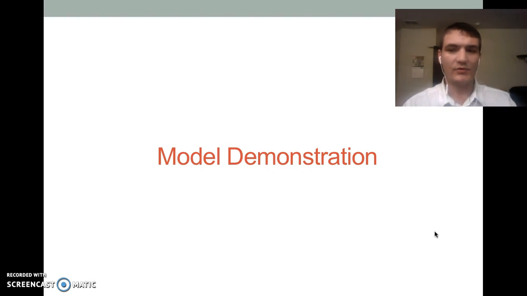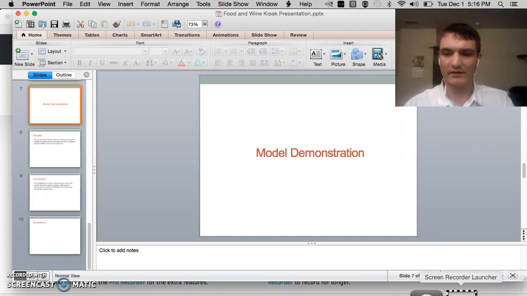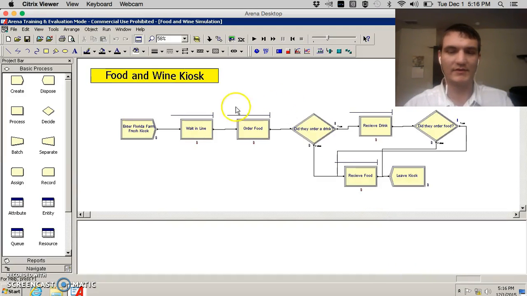So now I'm going to demonstrate my model. Let's see how well I can do this because I'm using the remote server. Let's see if it runs using all the internet that I have available. Excuse why it takes a minute.